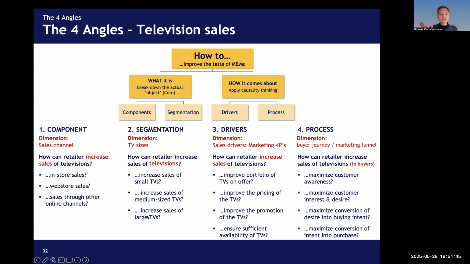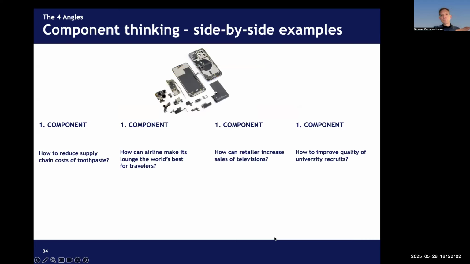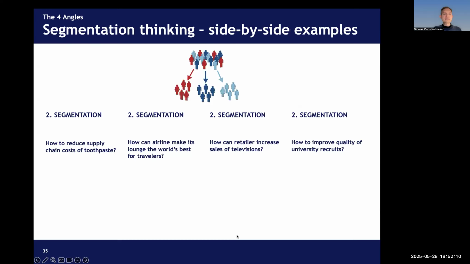So like I said, there's like 4 other slides with different examples of this. What I've also done is, for all the examples, I've then restructured the slide. I'll just show you one example, but for 4 examples, I'm showing you side by side component thinking for 4 different questions, then side by side segmentation thinking for 4 different questions, et cetera, et cetera.